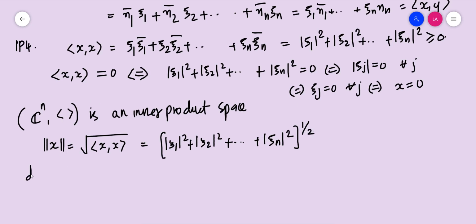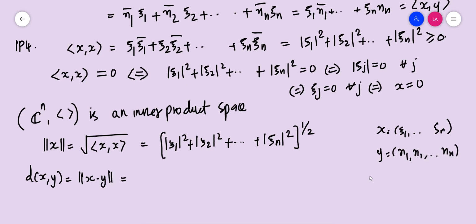Now using this we have the metric d of xy equal to norm x minus y, where x is theta 1, theta 2 etc. theta n, y is eta 1, eta 2 etc. eta n, x minus y is theta 1 minus eta 1 etc. theta n minus eta n, and x minus y times x minus y conjugate should be equal to theta 1 minus eta 1 conjugate etc. theta n minus eta n conjugate.